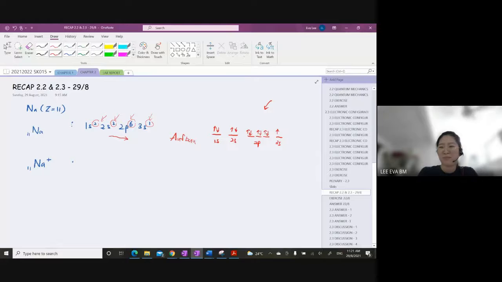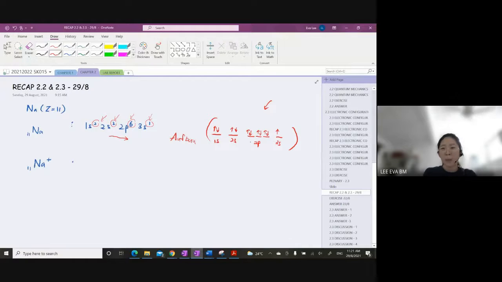No. Dia sebenarnya tak ada tunjukkan Hund's rule. Kenapa? Sebab kalau Madam cuma bagi orbital diagram ini sahaja, tak nampak sebenarnya awak isi singly first before pairing up. Sebab 2p ni sudah fully filled.